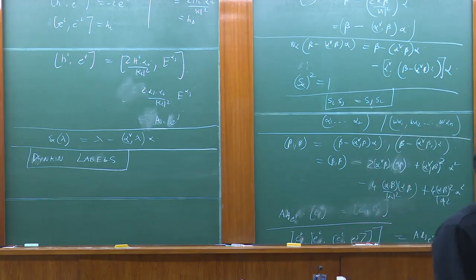The number of elements in this Weyl group cannot be more than 2 to the power of the rank.